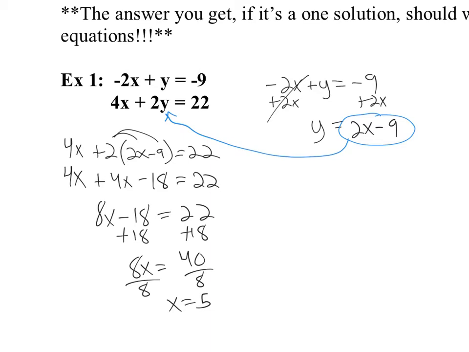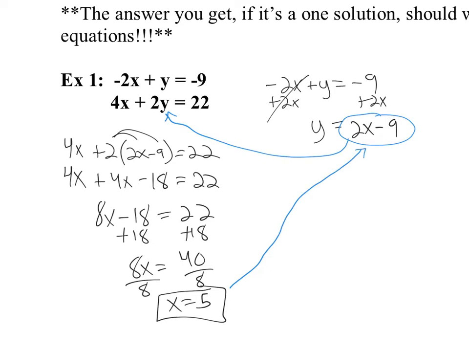So now that you've found your answer for x, you're going to take that 5 and substitute it back in for your x variable. So I'm going to just substitute back into this equation where we already have y by itself.